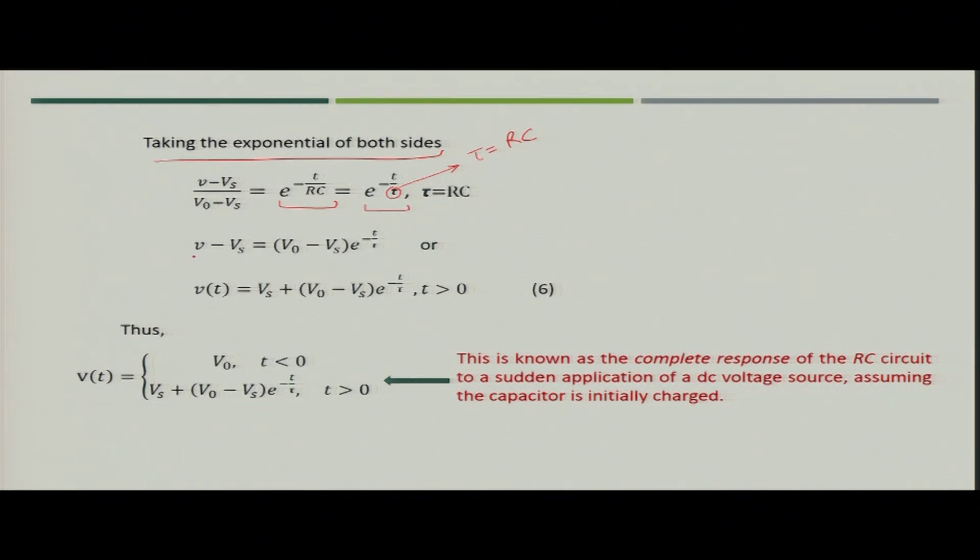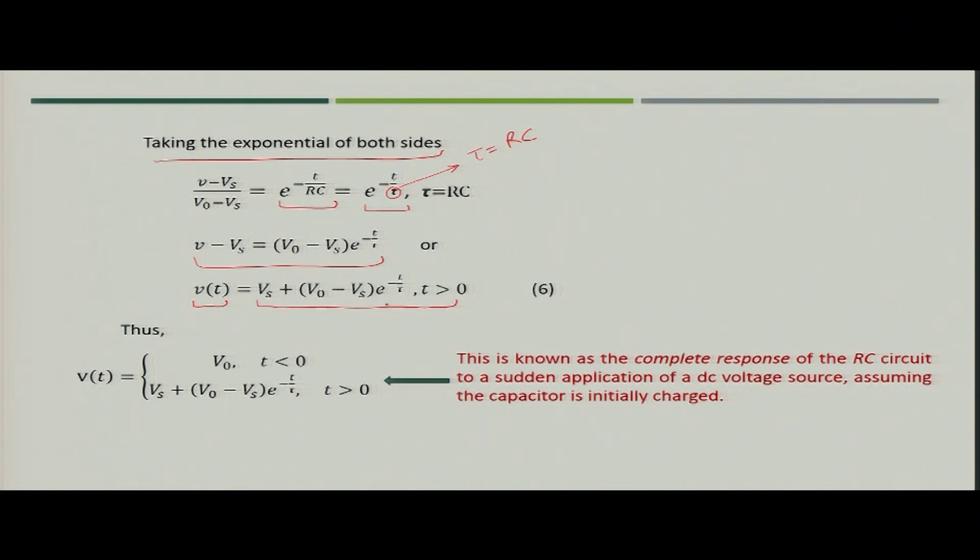This will be simplified as V minus Vs is equal to (V naught minus Vs) into e to the power minus t by tau, or you can simply say V(t) is equal to Vs plus (V naught minus Vs) e to the power minus t by tau.